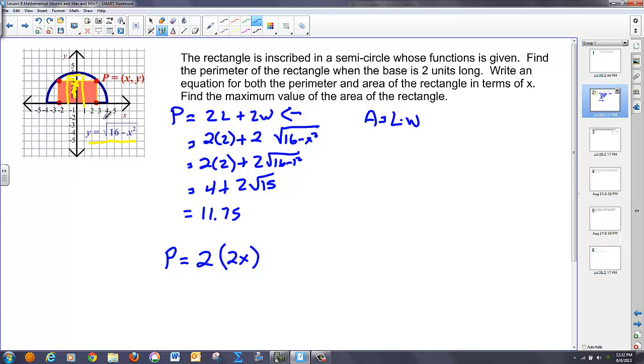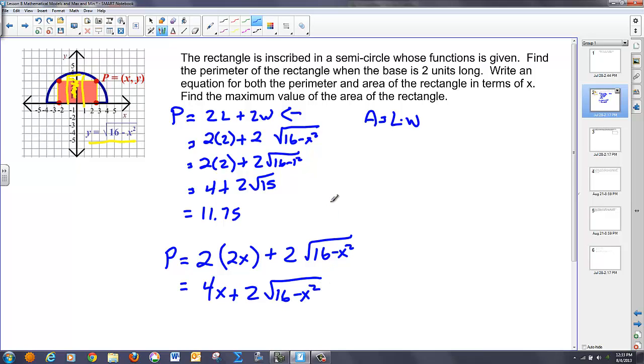My height, as we've said before, is the distance to that semicircle, which is the y value. All right? So I need 2 times my y values, and my y's, we said, are the root of 16 minus x squared. So what I really have for the perimeter is 4x plus 2 roots of 16 minus x squared.